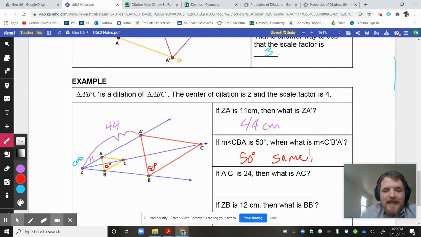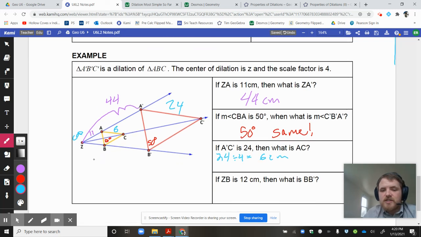So A prime to C prime, that's all the way up there at 24. So then A to C should be, should I multiply by 4? No, I should divide it by 4, to give me 6 centimeters. If we go down, that means it's a reduction.